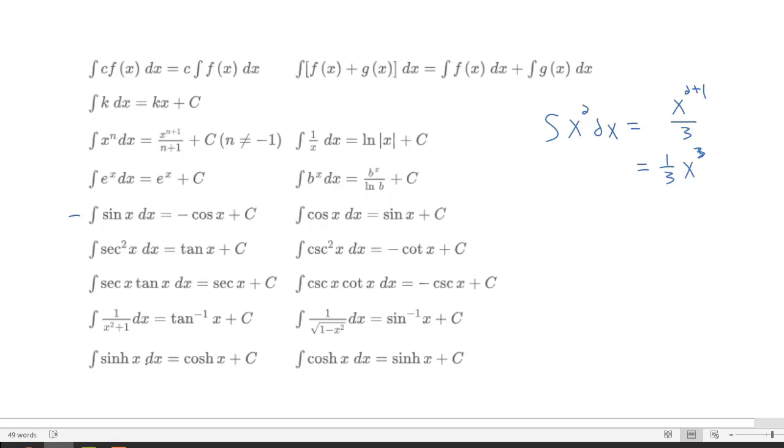Now, just to explore this a little bit further, notice this says that this is true for all n except -1. So if we think about if the exponent is -1, and if we tried to use the power rule there, I'm going to have -1 plus 1, which is 0. I get division by 0. So the power rule doesn't work for -1, right? And remember, -1 exponent is really 1 over x, and so that's the natural log that we have there, right?